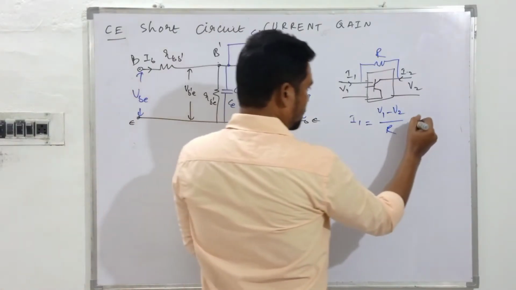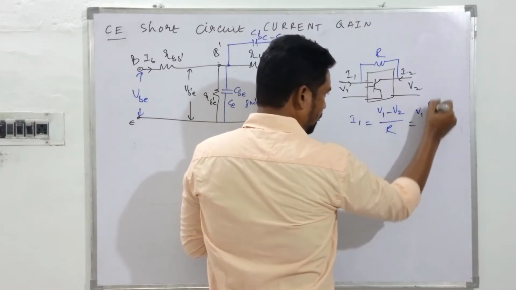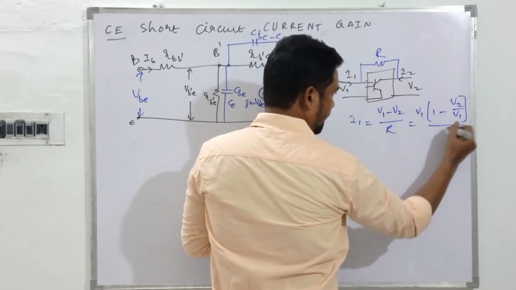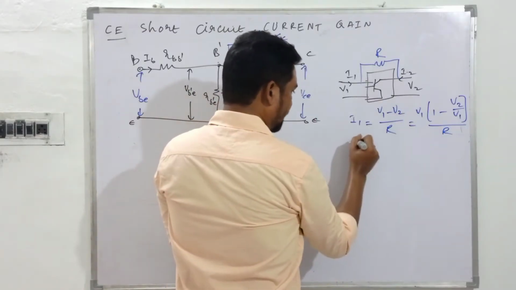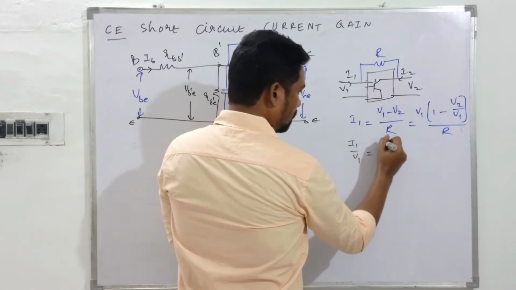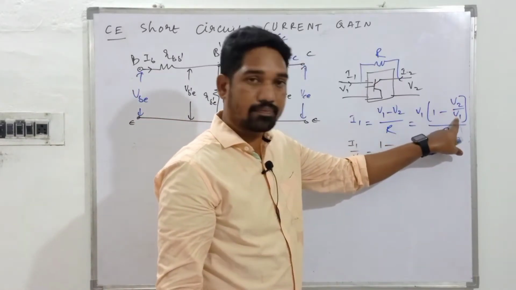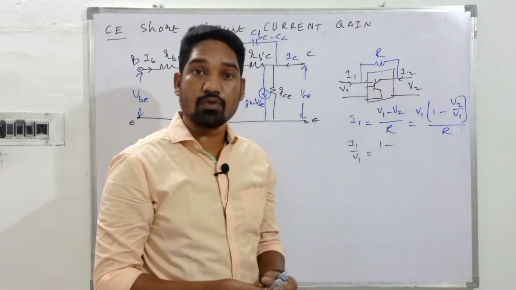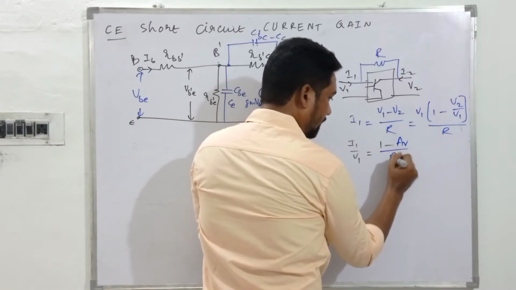Taking V1 common, we have (1 minus V2 by V1) over R. So I1 by V1 equals (1 minus V2 by V1) by R. Make use of your common sense: what is the ratio V2 by V1? Output voltage by input voltage. It's the voltage gain, so that will be AV, giving (1 minus AV) by R.